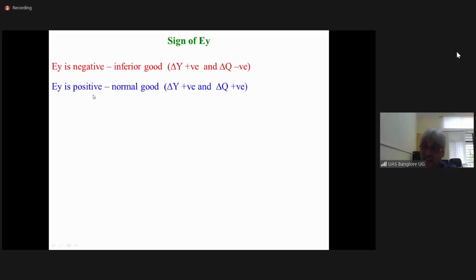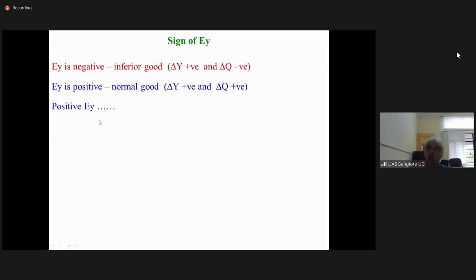But here again, we further classify it. If the EY, the income elasticity, is between 0 and 1, the commodity is of one type. If the elasticity is more than 1, then the commodity is of another type. What they are, we'll look into.